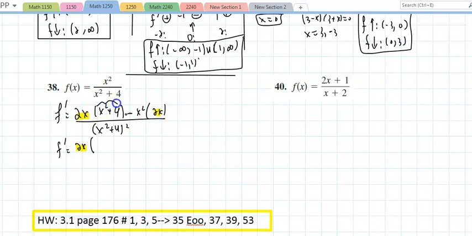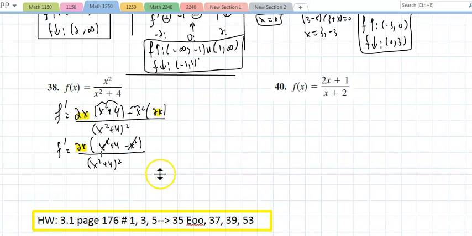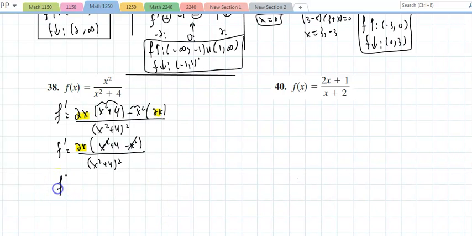I'll be left with an x squared plus 4 minus x squared. You could do this any way you like, and those two cancel out. So I'm getting my derivative to be 2x times 4 divided by (x squared plus 4) squared.